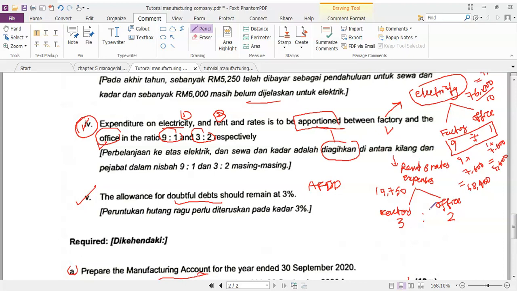Okay, someone please, if you want to try. Joshua, Richelle, or Richie. How to calculate for rent and rates expenses and then divide between the factory and office. Okay, you can follow the way we calculate the electricity before this.